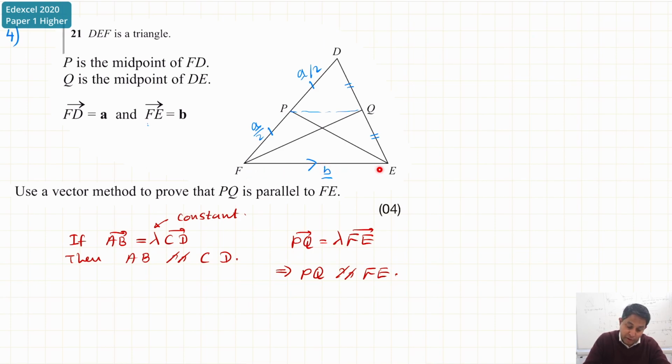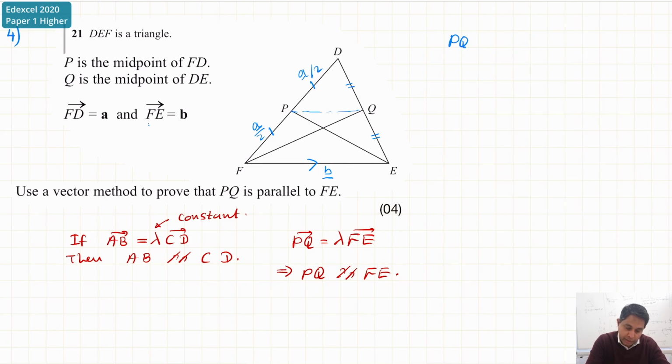We know vector FE, it's B. Therefore, what you have to do is find vector PQ. To find vector PQ, you can take this triangle PDQ. Using the triangle rule, you can write vector PQ equal to vector PD plus vector DQ.